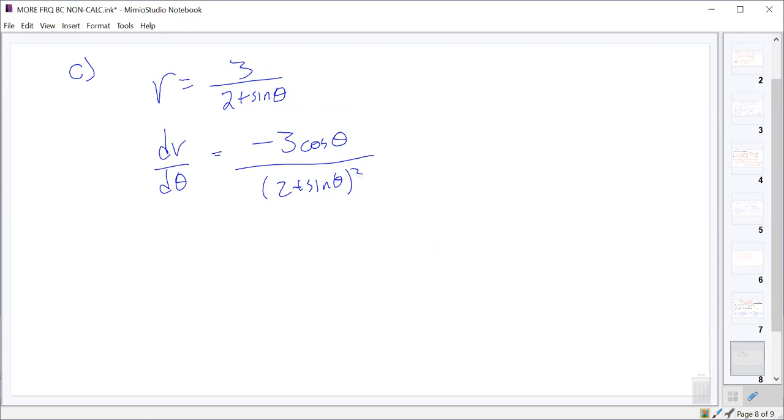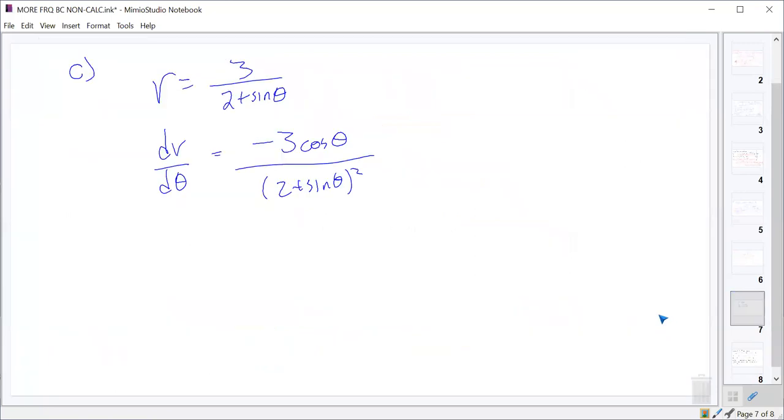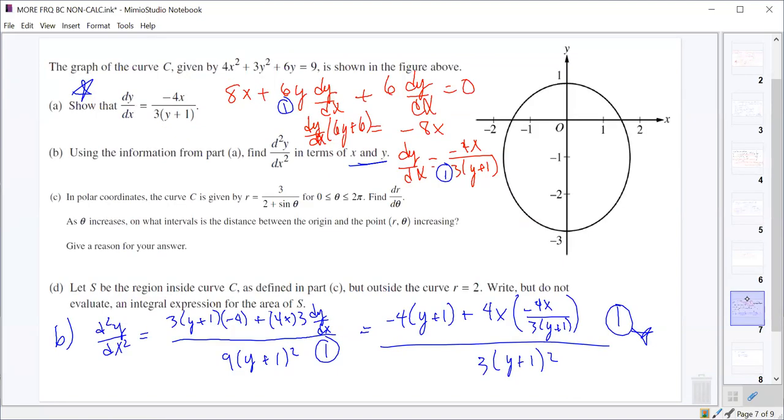And then, let's see, what is it? As theta increases, on what intervals is the distance between the origin and the point r comma theta increasing?